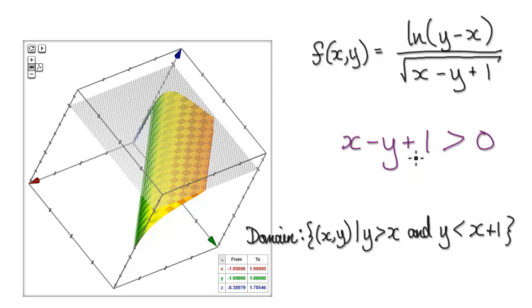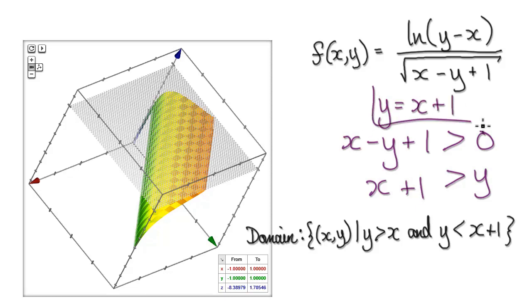So what does this mean? Well, let's rearrange it. Rearranging this, add y to both sides. So that will then give us this. What does this mean? Well, let me just imagine it like this: y equals x plus 1.